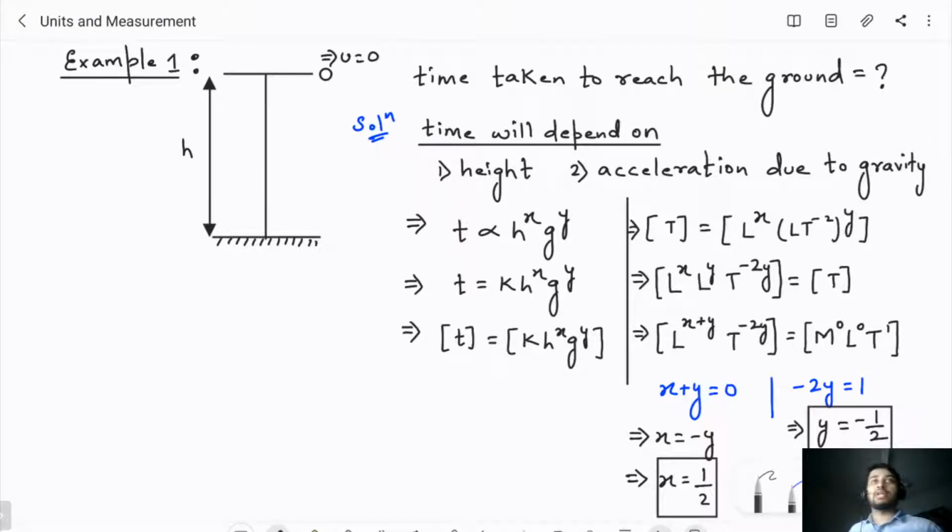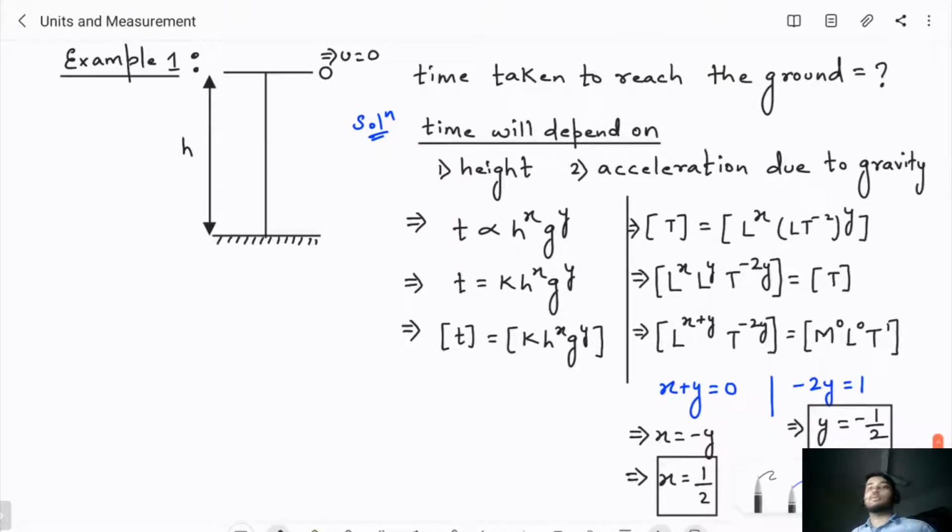So x we got it as 1 by 2 and y we got it as minus 1 by 2. Okay. So now we can write the formula. We can write the formula for time or what we wanted to derive here.